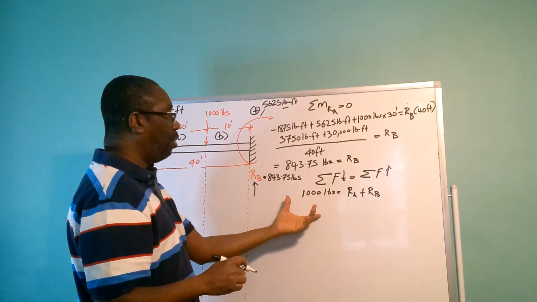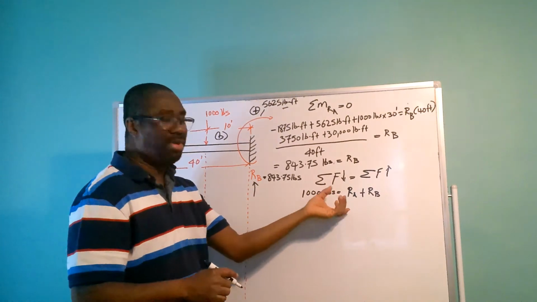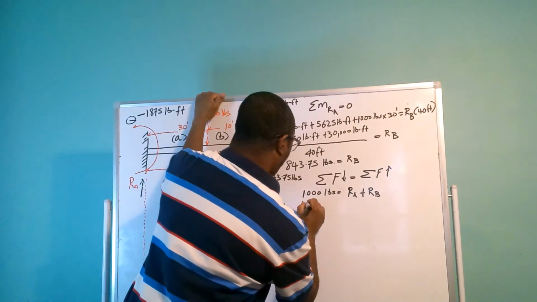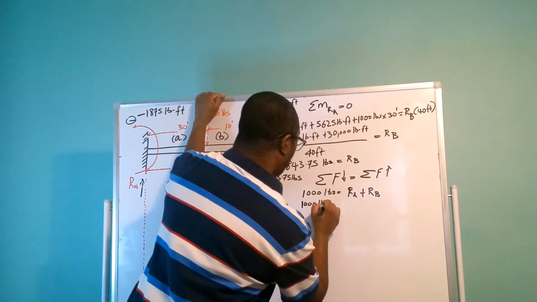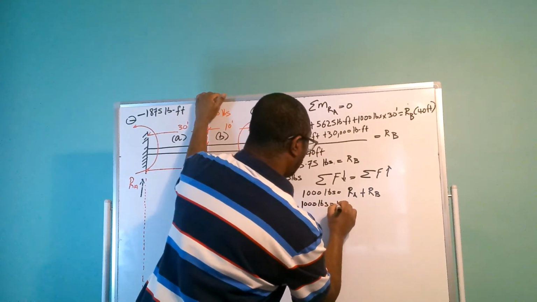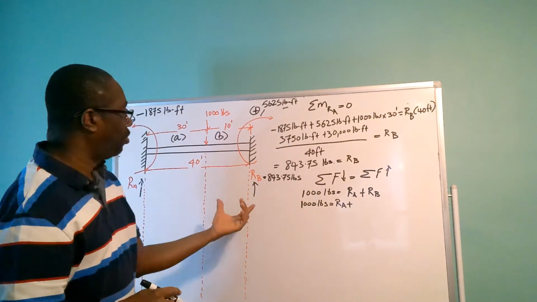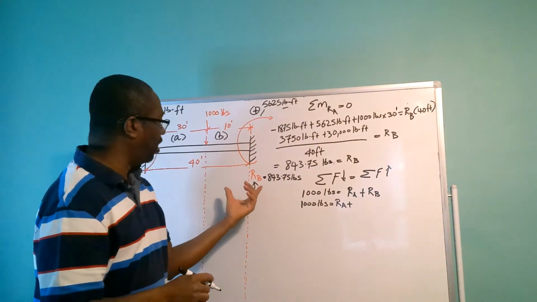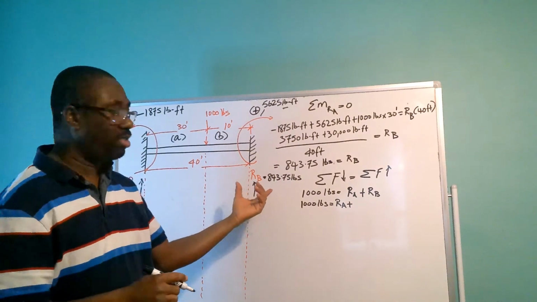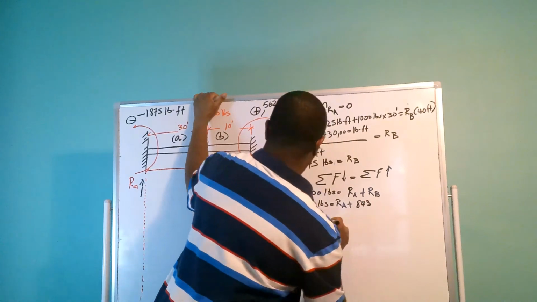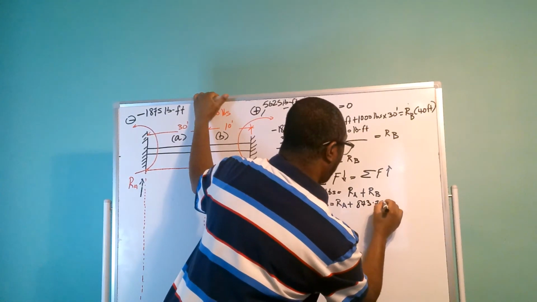So 1,000 pounds must be equal to the summation of RA plus RB. So we have here 1,000 pounds equal to RA plus, and we have just calculated the reaction for RB. So RB is 843.75 pounds.